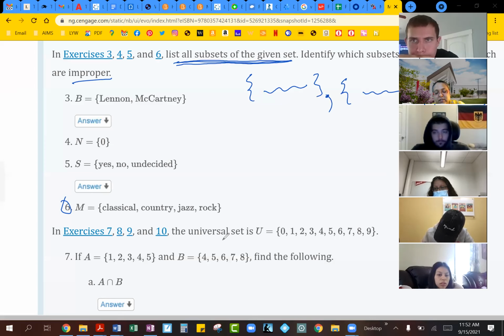So classical, country, jazz, rock, those are the four elements of the original set M. And what will your subsets look like? Take another 30 seconds, guys, and then we'll start sharing answers.